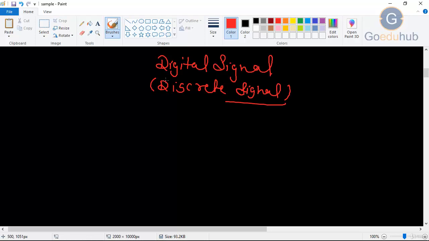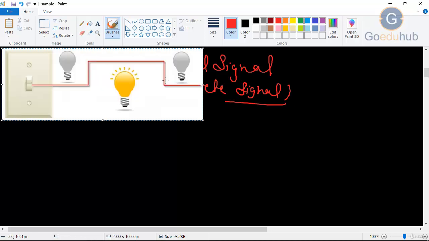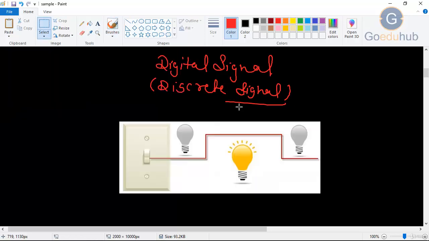For example, think of a light switch in your house. As you can see on your screen, the switch either turns the light on or it turns it off. Because discrete signals exist in one of these two states, they are represented with a square wave as seen below.